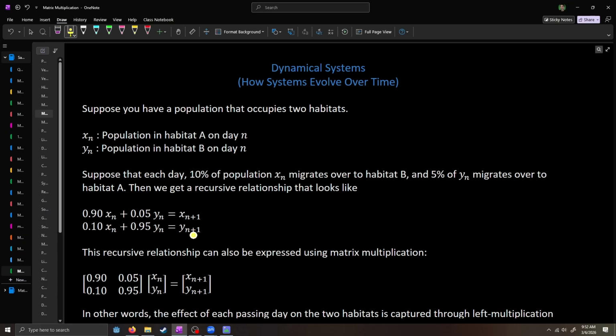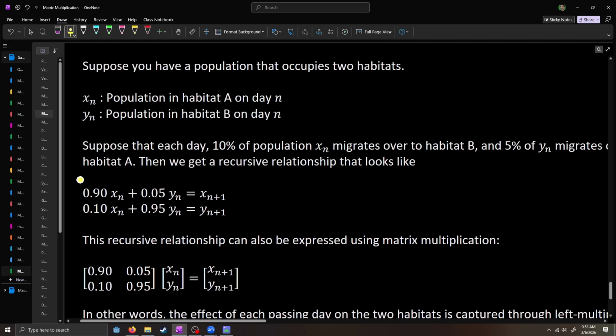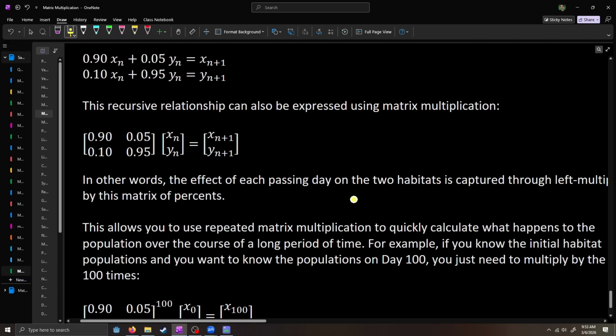Meanwhile, Habitat B is also gaining 10% of the population from Habitat A because those are the guys who are coming over from Habitat A. So this system of equations tells us how the population in the two habitats is evolving from one day to the next. Systems of equations like this one can be represented in terms of a matrix multiplication.